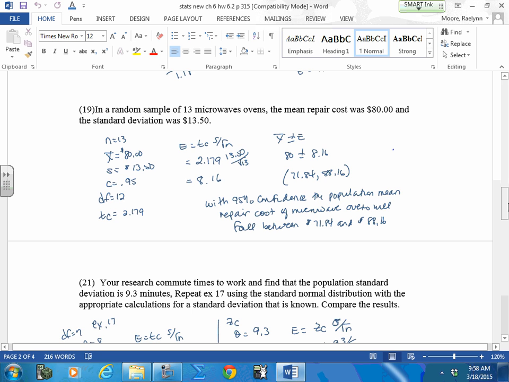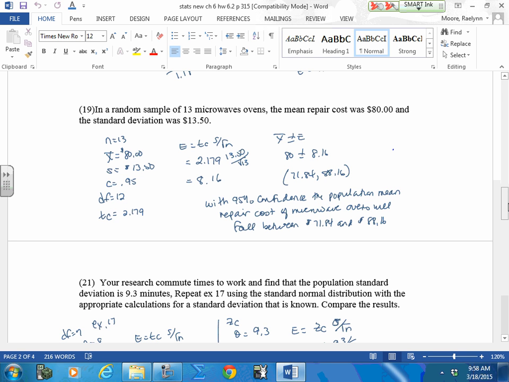In number 19, you had to use a sample of 13 microwaves, and the mean repair cost was $80, and the standard deviation was $13.50. How did you know this is a T-score? There's no population.